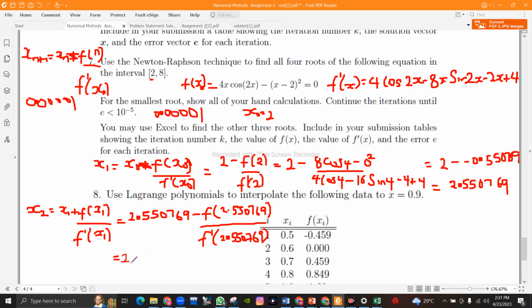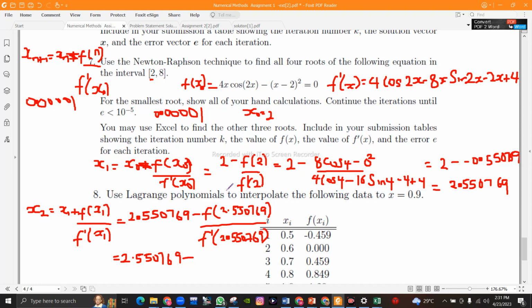So we calculate this. I'm not going to write it, I'm just going to press it in the calculator once. I'll solve all this in the calculator once. 2.550769 equals to, so I have it as an answer.